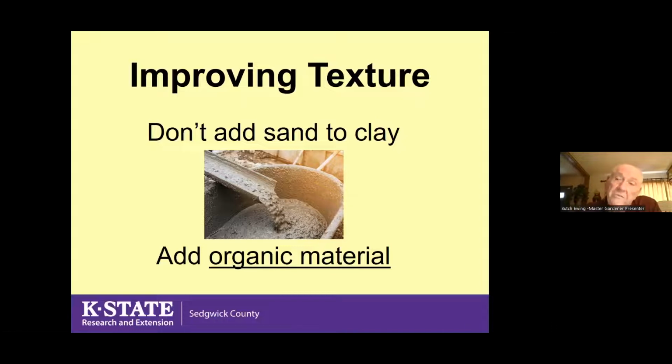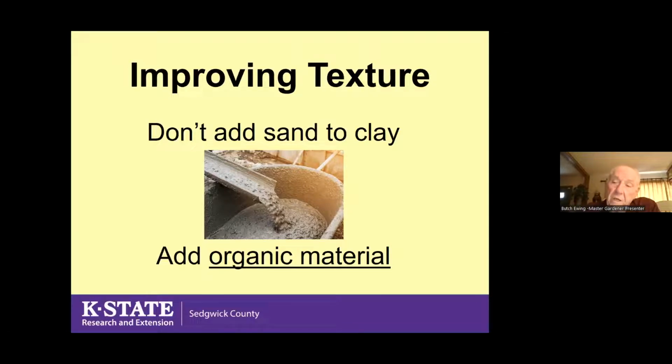So if you add sand to clay soil and add water, it's real nice for a little while. But as soon as that water dissipates, you can have concrete. And once you have that condition, it's harder for it to absorb water from that point on. So you may be creating a problem that's worse than the problem you had to start with.